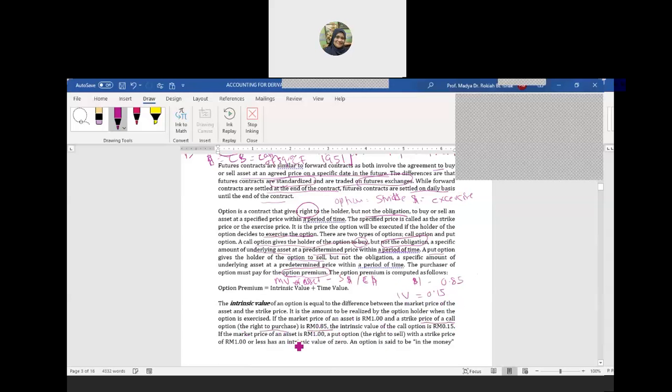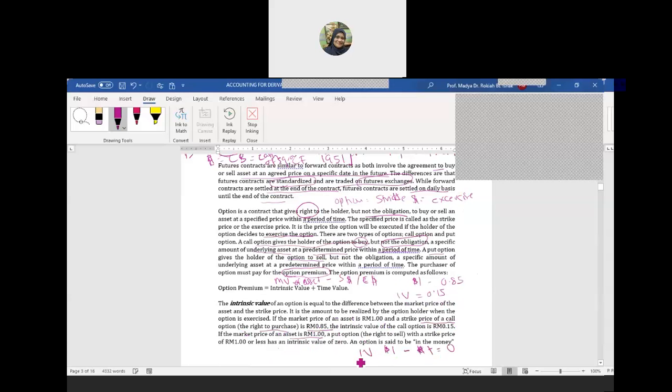If the market price of the asset is RM1 and the put option's strike price is RM1, it has an intrinsic value of 0. Let's say the market value is RM1 and the option price is also RM1. Then the intrinsic value is 0.